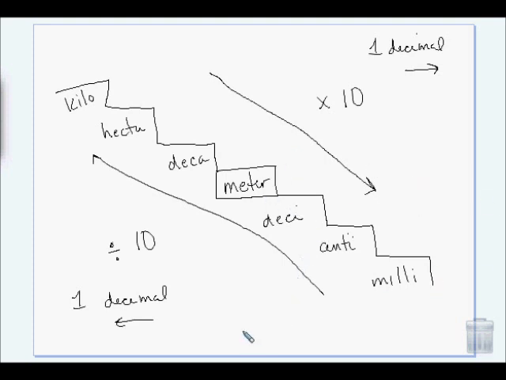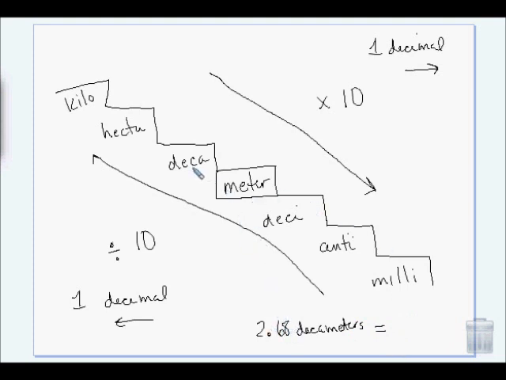So if I have 2.68 decameters, how many millimeters is that?